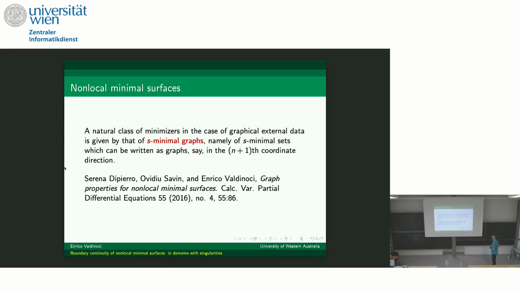And the important thing, I would say, is that this definition is consistent with the geometry of the problem, in the sense that if you prescribe some graph outside your cylinder omega, and then you look for the S-minimal set corresponding to this configuration, then the set actually has a graphical structure, so it is an S-minimal graph.